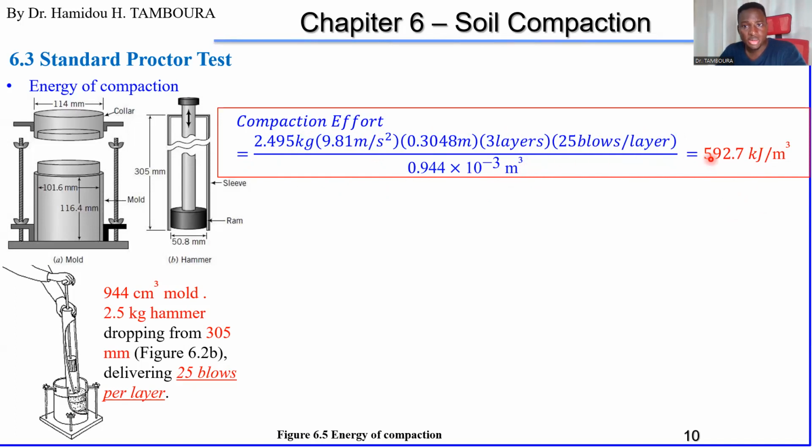And after this, you know the energy you have to use per cubic meter. And after getting this energy, you will use this to estimate the speed of your compaction machine on the construction site.